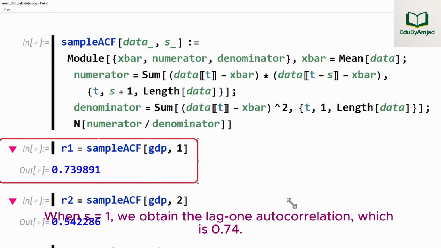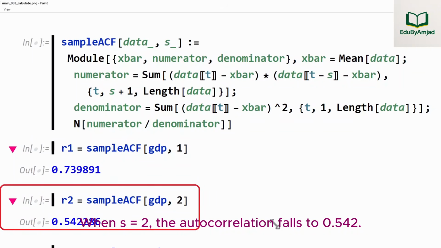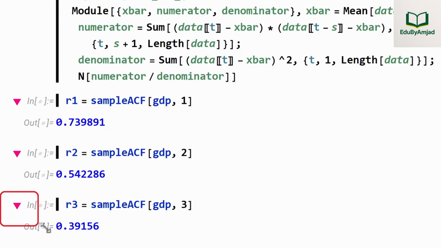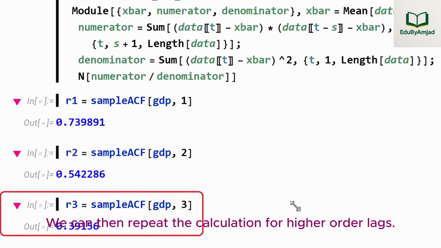When s equals 1, we obtain the lag 1 autocorrelation, which is 0.74. When s equals 2, the autocorrelation falls to 0.542. At lag 3, it falls further to 0.392. We can then repeat the calculation for higher order lags.